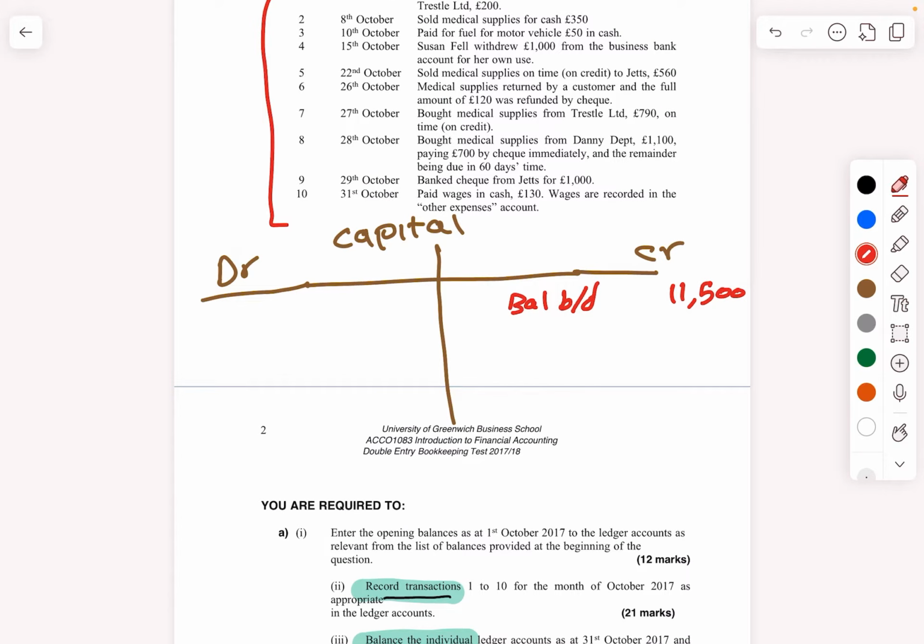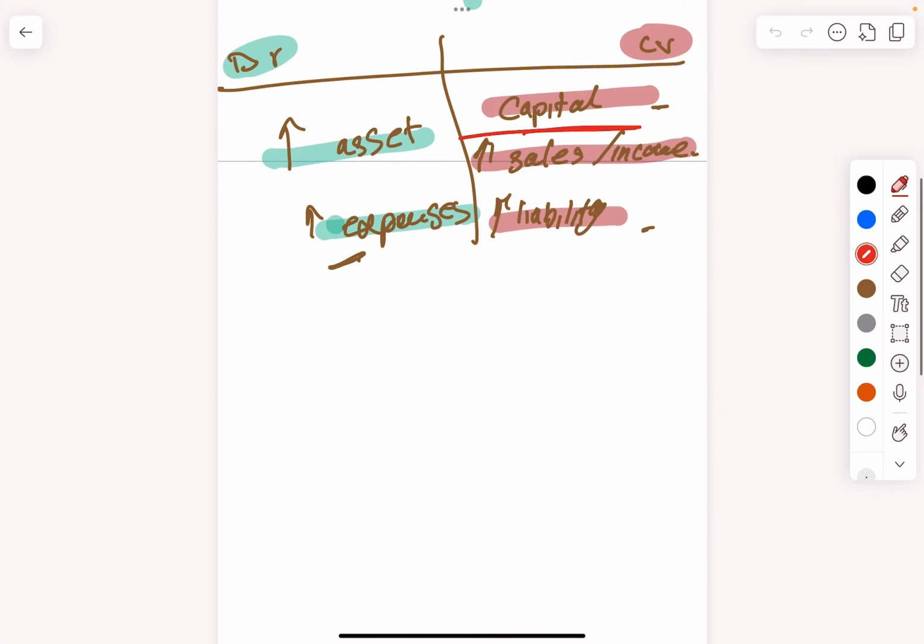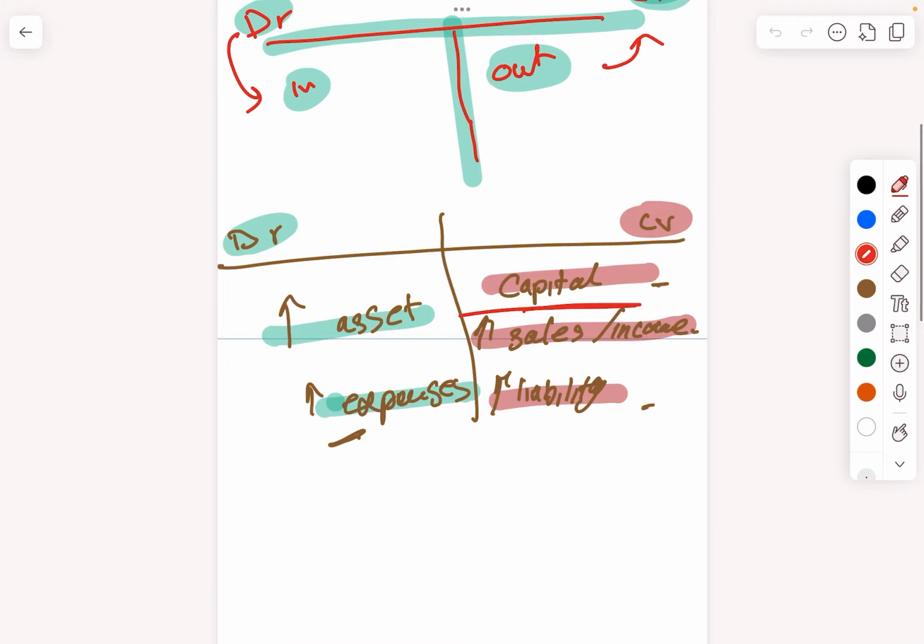Okay, let's carry on. I'm going to do all of the accounts and enter each transaction. If you want to know what is going to be credited and what is debited, you can take a picture of this one. Any asset like bank, cash, any increase in expenses like motor vehicle expenses, any rent, will be under the debit.